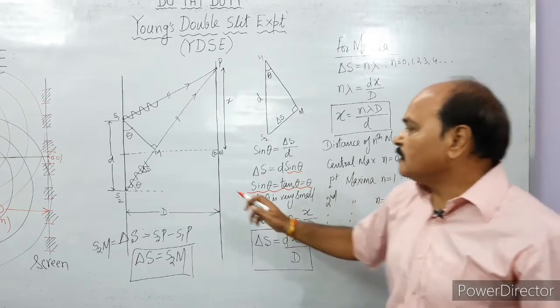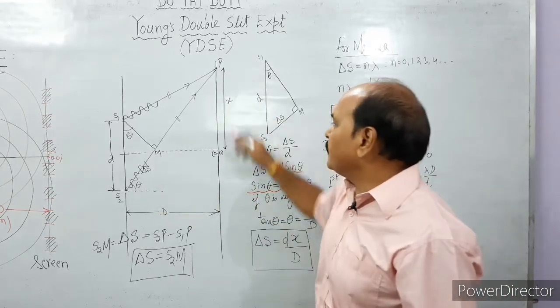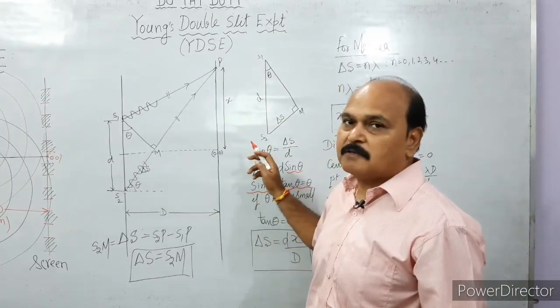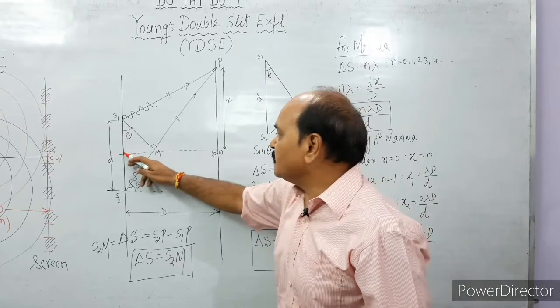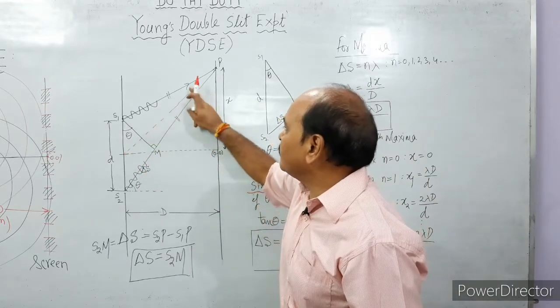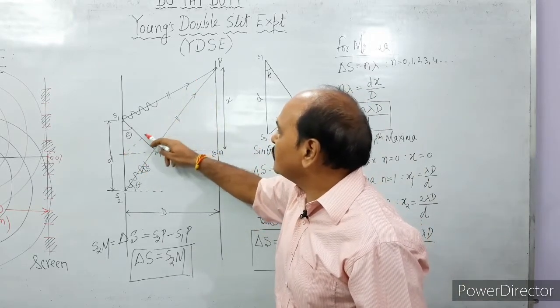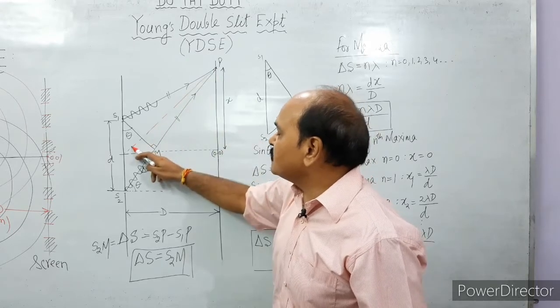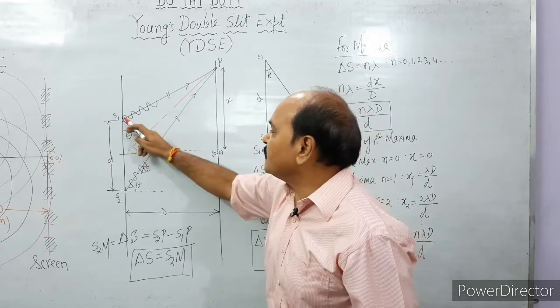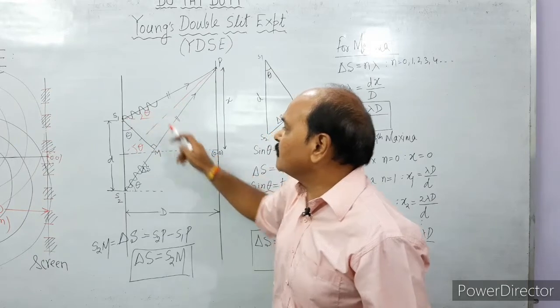And what is tan theta? Tangent of this theta is going to be perpendicular upon base. See, tangent of theta is going to be perpendicular upon base. This angle is also theta, and even this angle is also going to be theta.